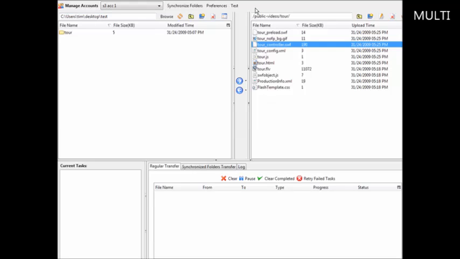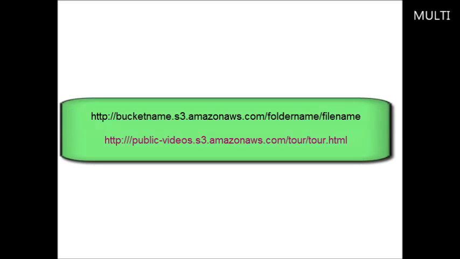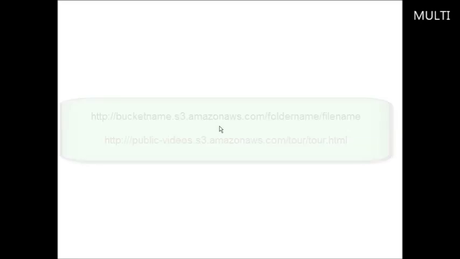Now I'll bring up a blank window here, and then we will paste the URL in there that we need to use. So the generic name is bucket name. So what you will use is the name of your bucket .s3.amazonaws.com/folder name/file name. And that's how you access files.